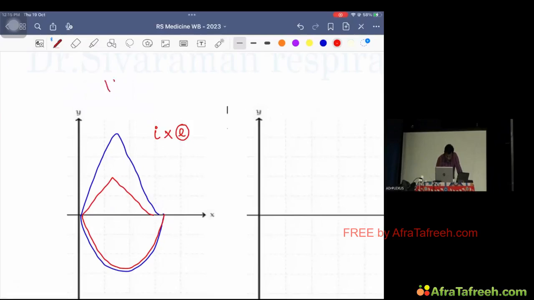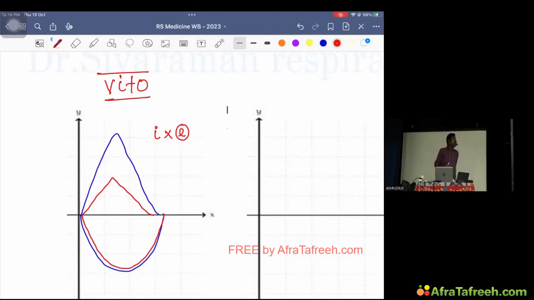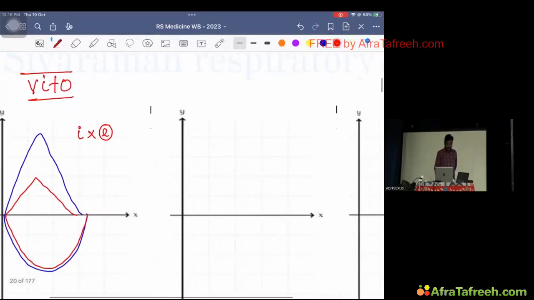So it is a variable intrathoracic obstruction, or VITO.